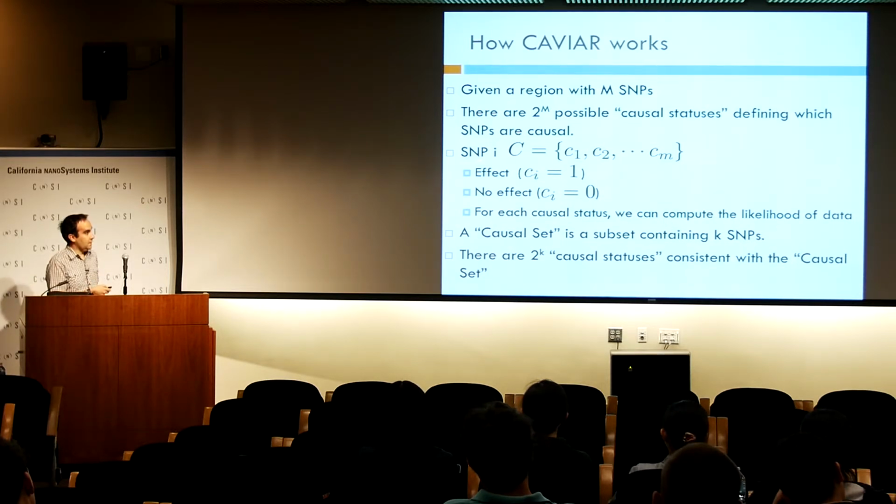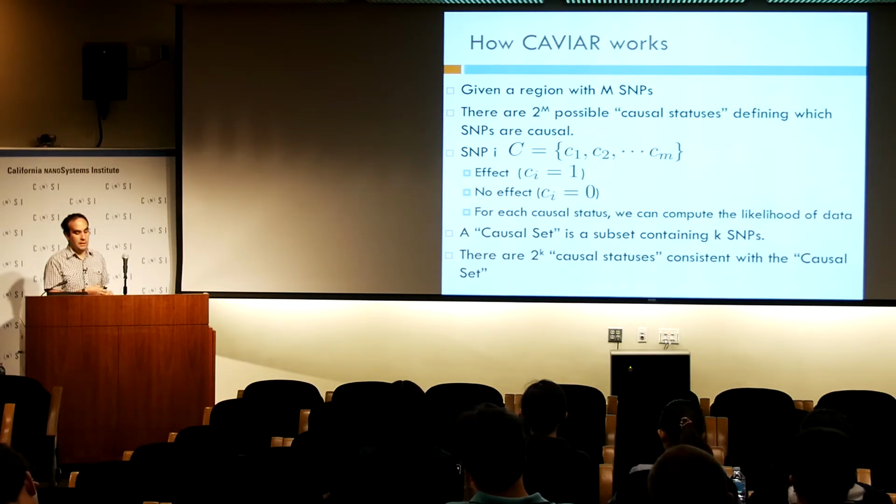We can think of a causal status as a binary string of zeros and ones of size m, where 0 is not causal and 1 is causal. So there are 2 to the m possible causal statuses, and for each causal status, we can compute the likelihood of the data that we observe.